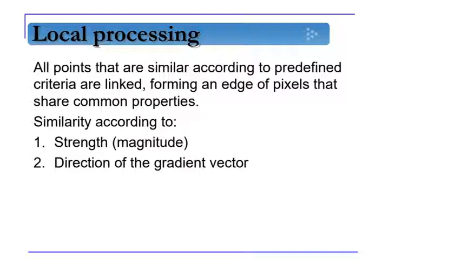This is going to be computationally very expensive, because we have to examine all neighbors for each pixel. So a simplified approach can be used for real-time applications, with steps shown in the next slide. Just remember that here we are finding the similarities between the edge points, and those similarity criteria are predefined, based on the magnitude and the direction of the gradient vector.